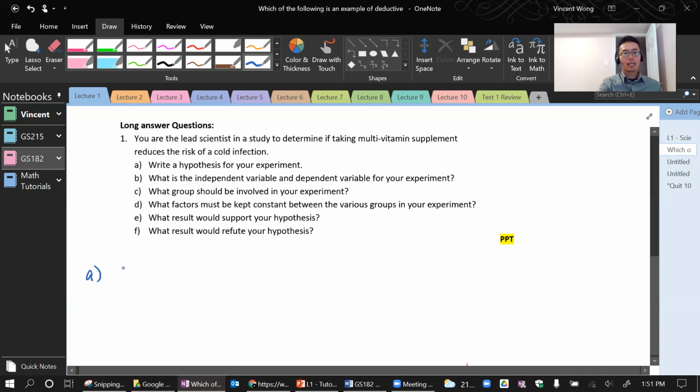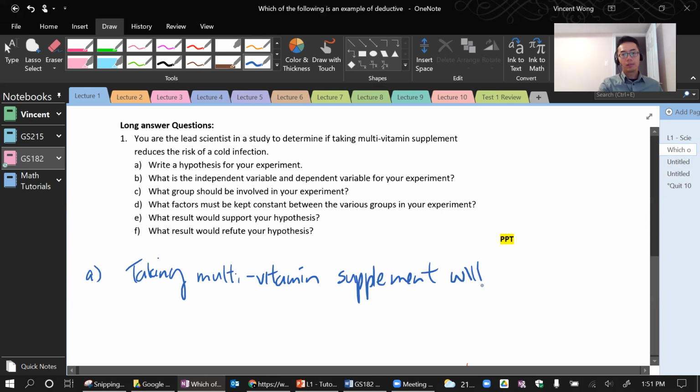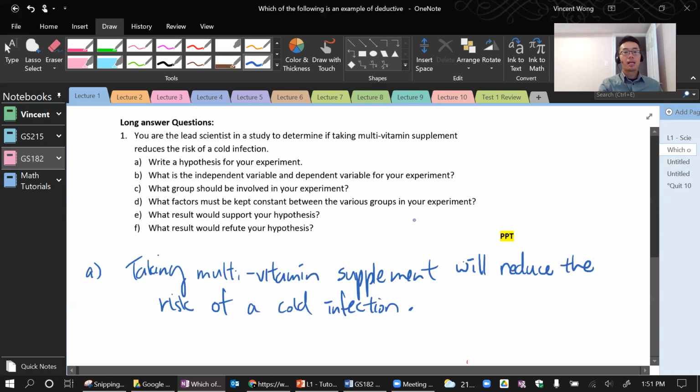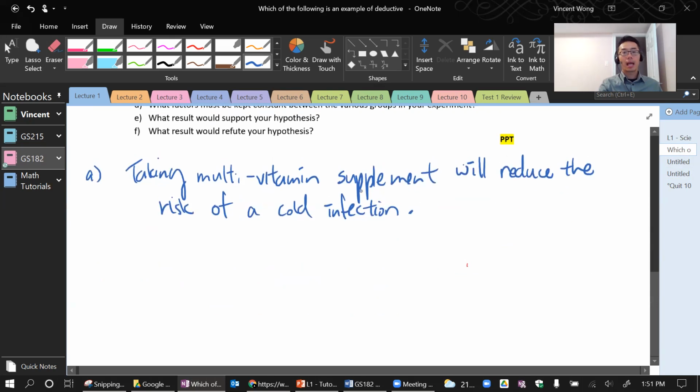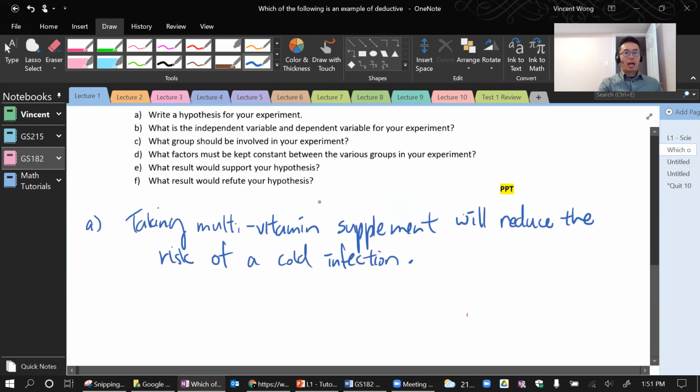So the only two possibilities are, like I said, taking multivitamin supplement will or will not, doesn't matter. I will say will reduce the risk of a cold infection. Okay, so that's my hypothesis. This is testable, and it's falsifiable. It could potentially be wrong. So it's a valid hypothesis.